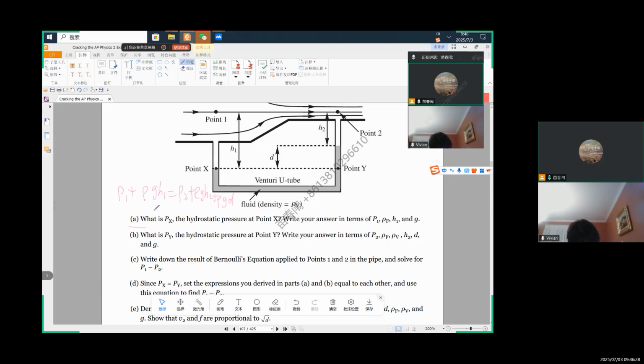Remember, this is the F liquid, this is the V liquid. They said to set these equal to each other. I think we use this equation to find P1 minus P2, right? Put this in here, right?